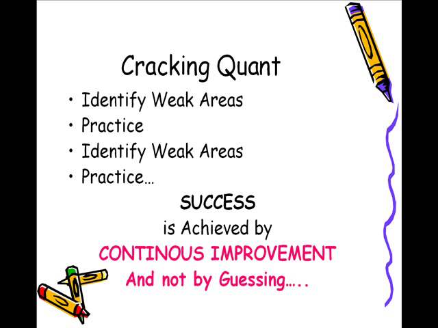Again, if you're trying to crack quant, identify your weak areas. Probability is mostly a troublesome spot for a lot of people. So identify your weak areas and practice, and keep identifying your weak areas, which you might think are not your weak areas, but you will be surprised.